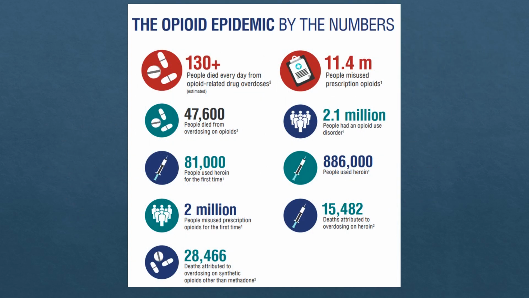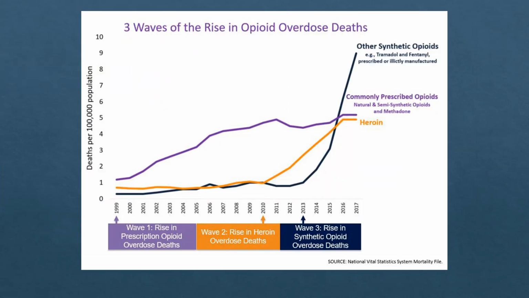Here we see some statistics regarding the opioid epidemic, and this is really the main driving force behind requiring optometric glaucoma specialists, and really all practitioners, to access the PMP before they prescribe any of these opioid drugs. We know that there's a problem with people not only becoming addicted to these medications, but also causing a large number of deaths. Here's some additional data that's showing there are 3 waves of the rise in opioid overdose deaths.